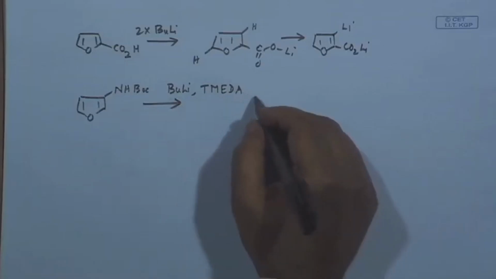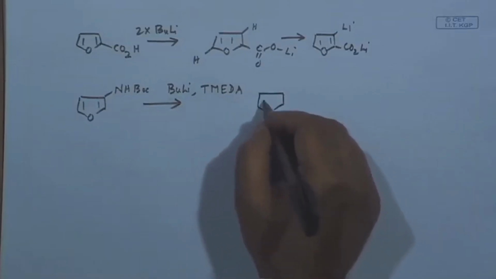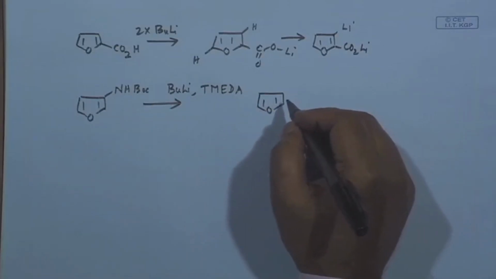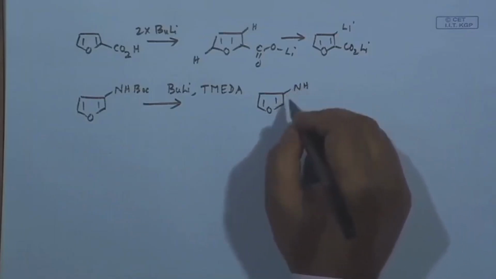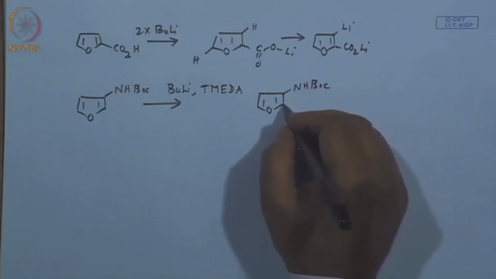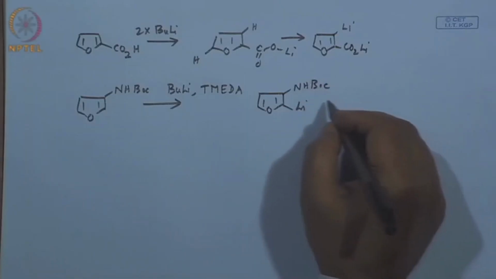Okay. And so, in this case it is an amide group, and the product is obviously from a directed lithiation. That means, the NH is directing the lithiation, not the acidity of this. Okay.